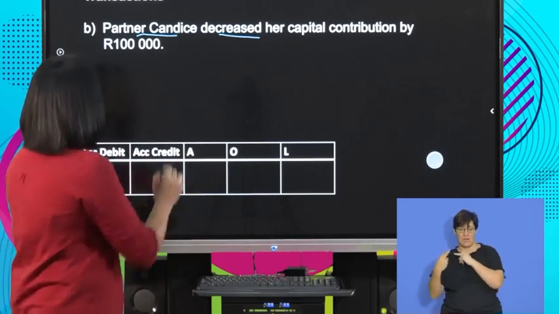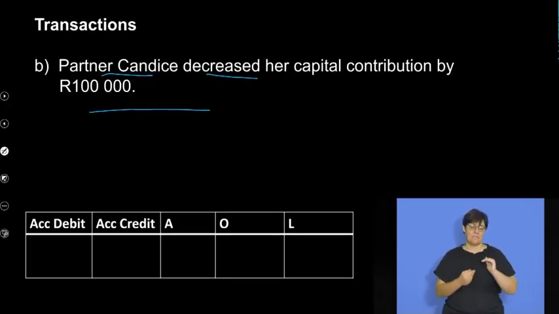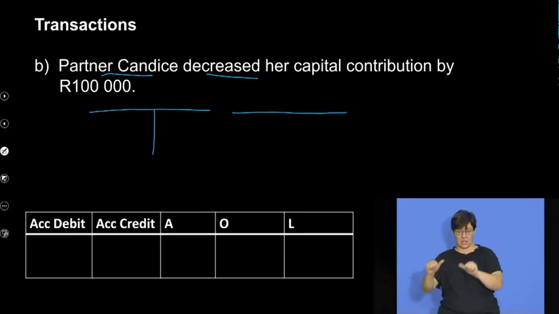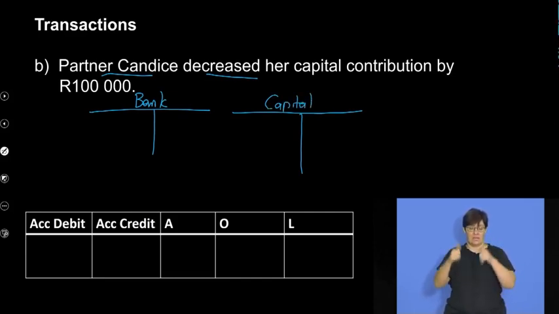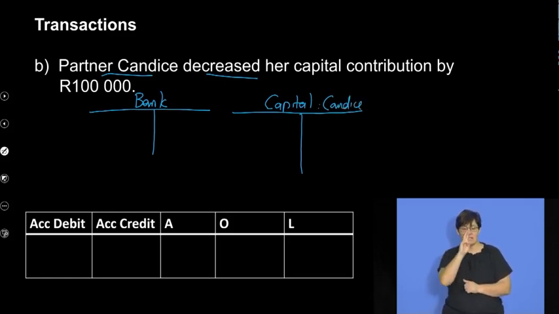So exactly what we did in the previous transaction, we're going to look at the two accounts affected by this transaction. So one account is obviously my bank account because there's a movement of cash, and the second account will be capital, but this time it's the capital account for partner Candace. So can you see why the names are so important, right?